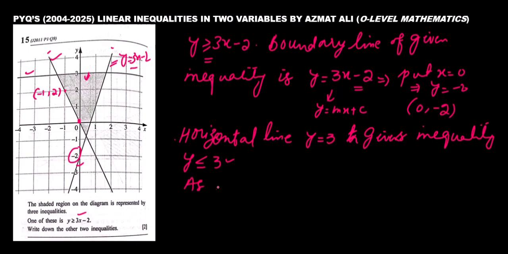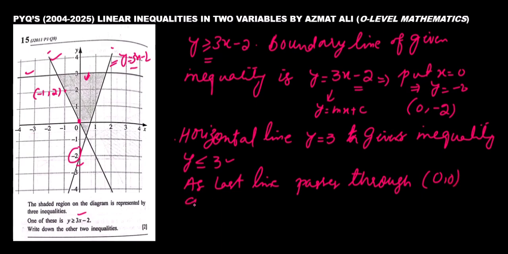As the line passes through 0, 0 and minus 1, 2, the gradient of this line is given by the formula (y2 minus y1) over (x2 minus x1).